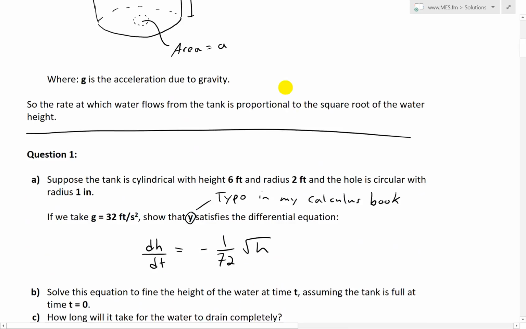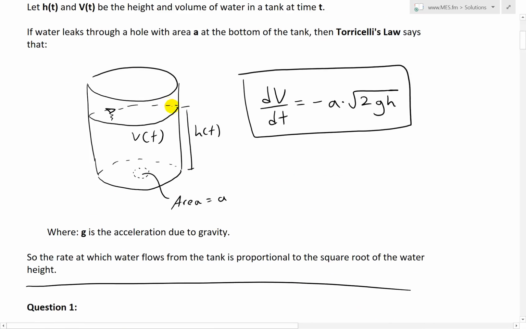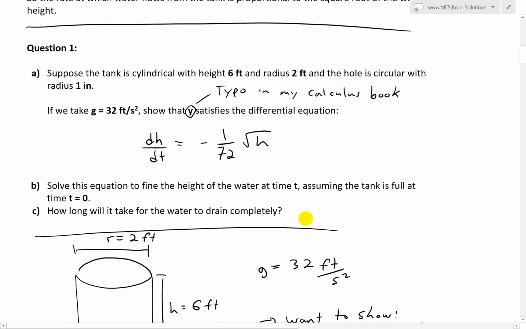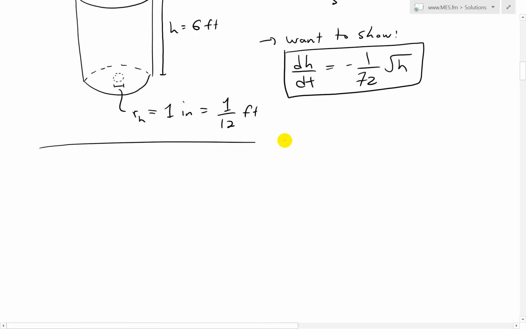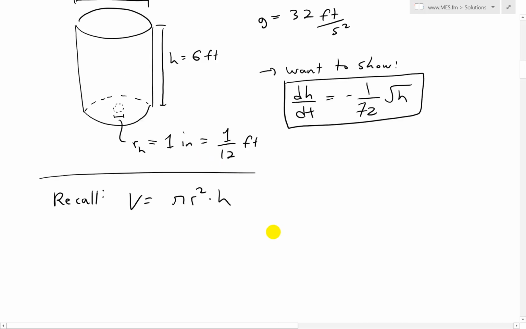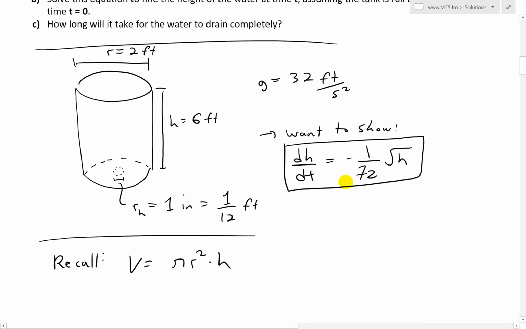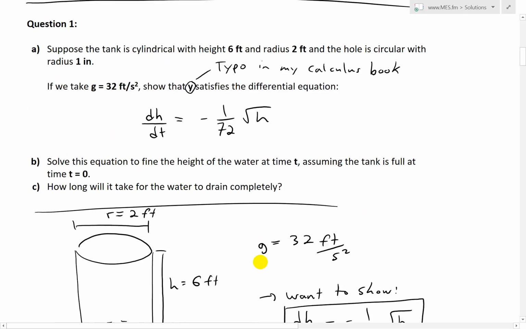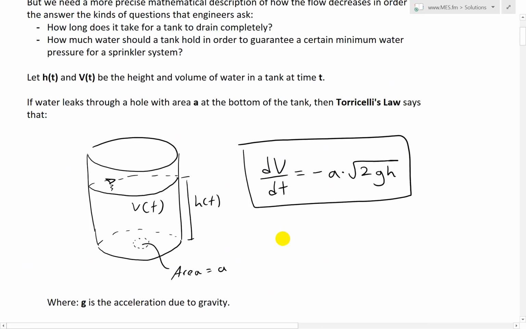Recall the volume of a cylinder is simply the area at the bottom or the top, pi r squared, times the height of the cylinder. So that is the volume in terms of h and r. What we're trying to get at is to write Torricelli's law as a rate of change of height and not volume.